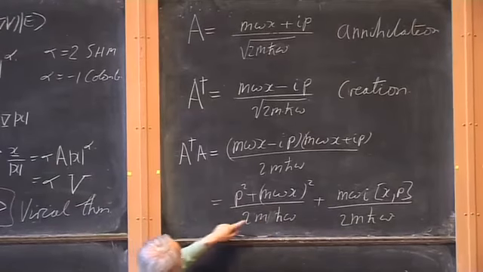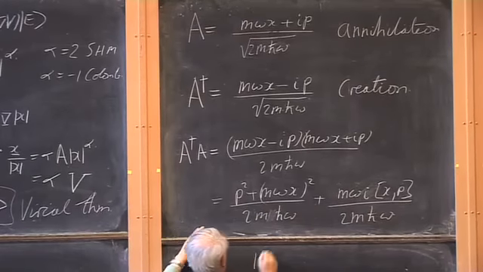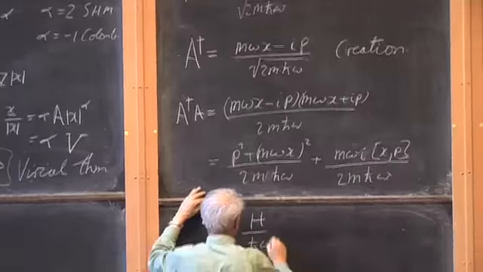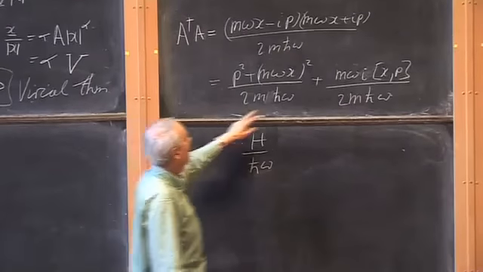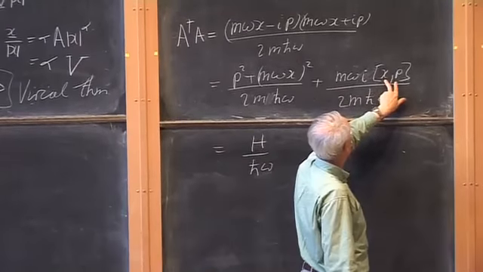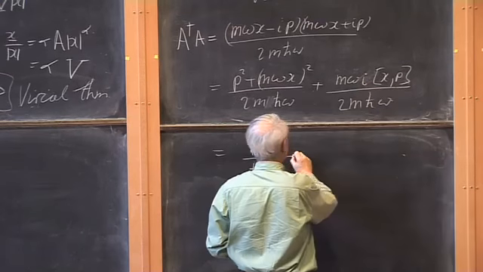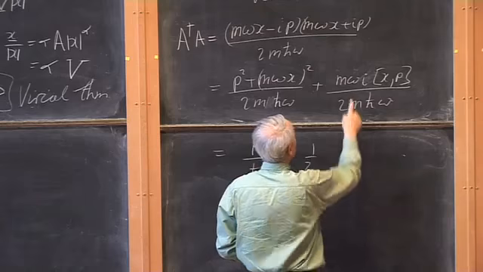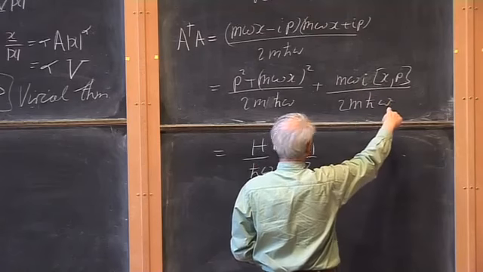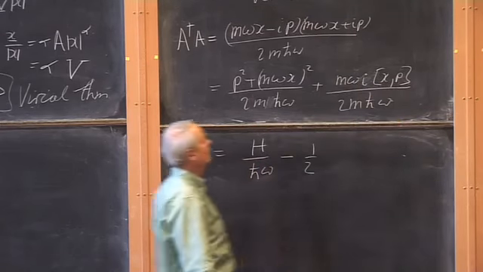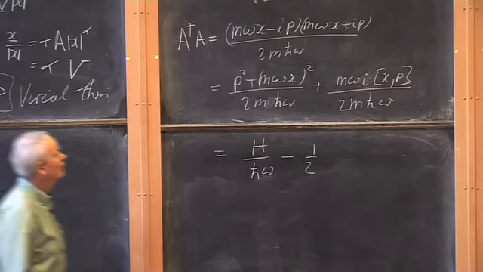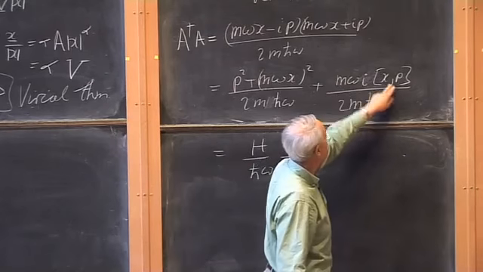Right? So this is the Hamiltonian over h bar omega. And this is an i h bar, and the i's make a minus 1 with this, so this is going to be minus a half, and everything else will cancel, because we've got an m omega here, and we're going to get an h bar from there, so the rest cancels.